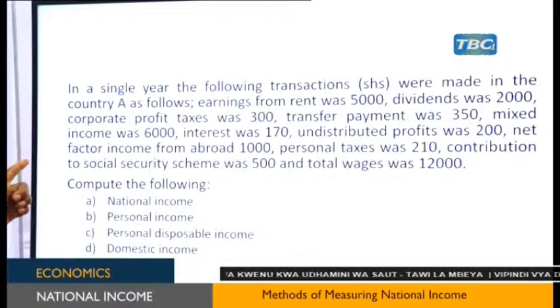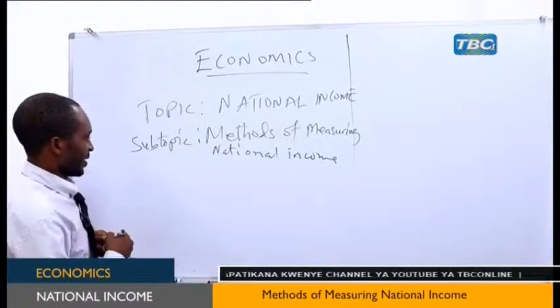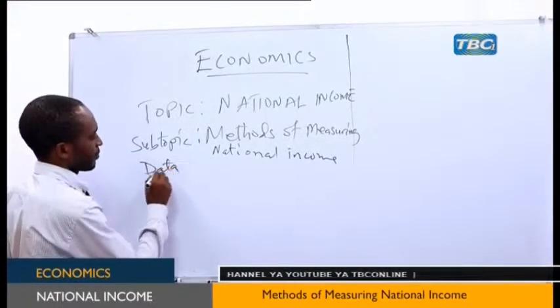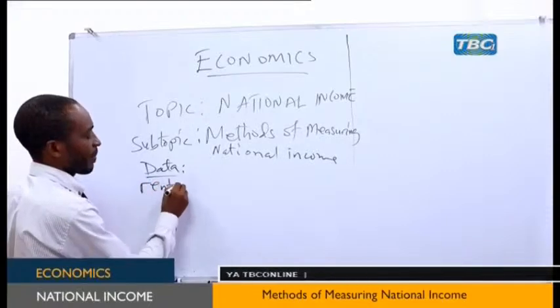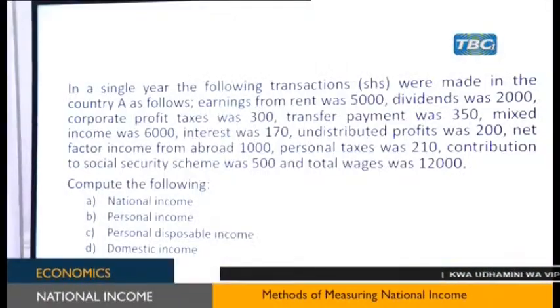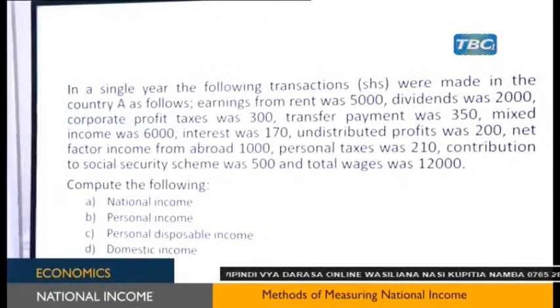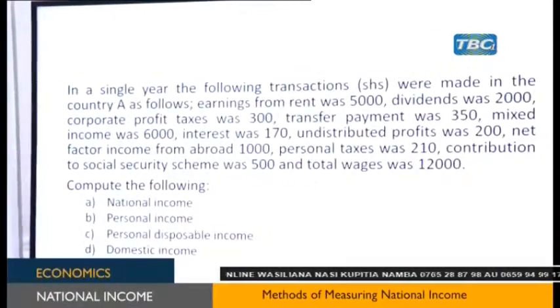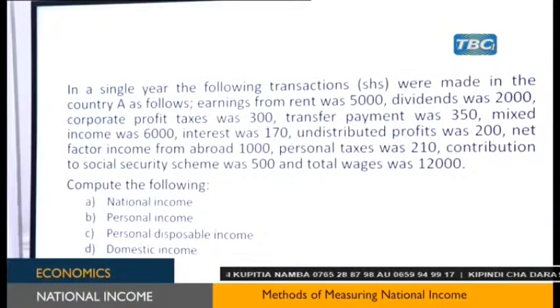We are given that in a single year, the following transactions in shillings were made in country A. Earnings from rent, rent equals 5,000. Dividends equals 2,000.